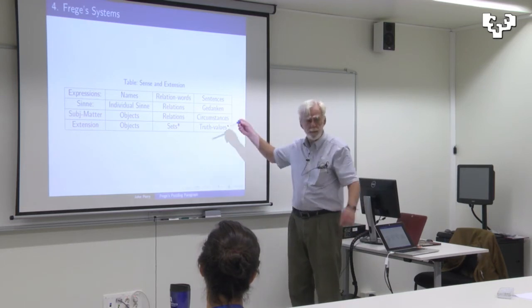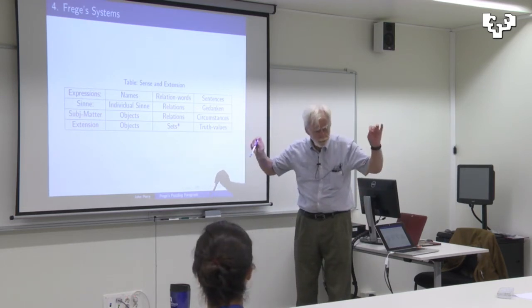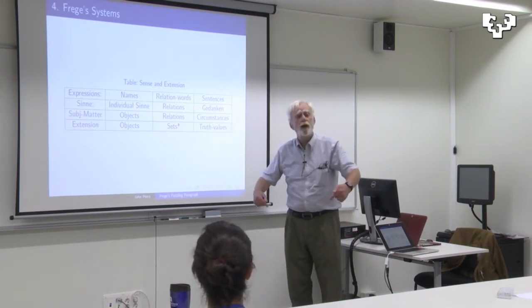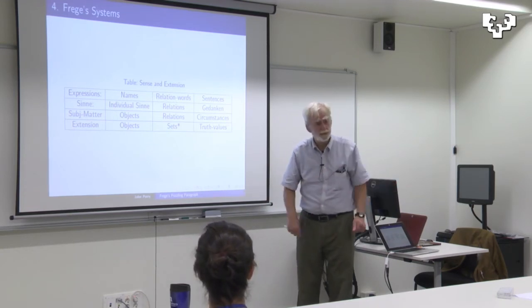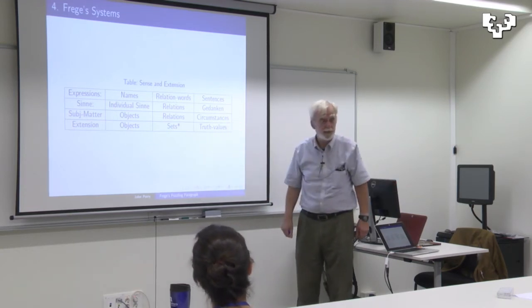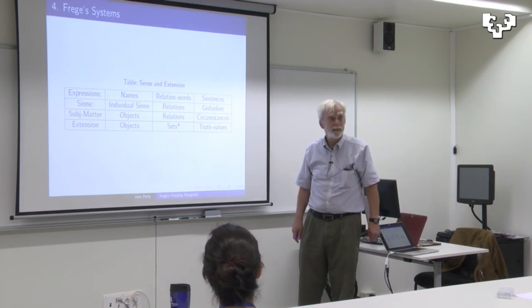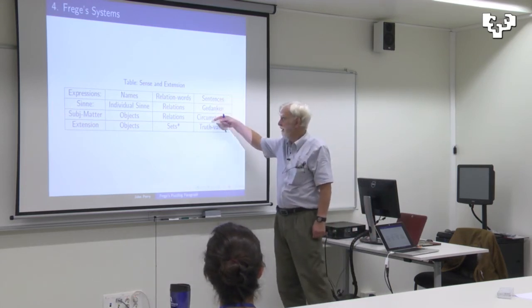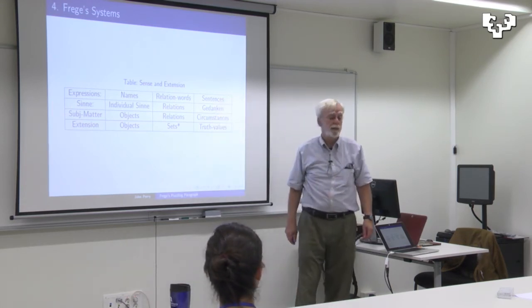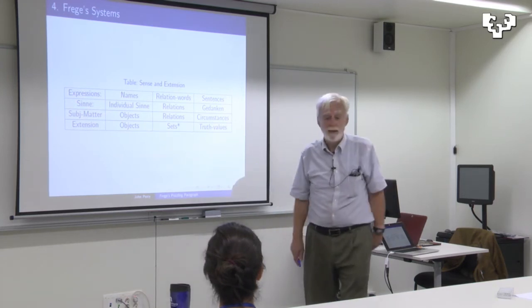So in his lambda calculus reinterpretation of what Frege meant, my criticisms aren't touched, he actually gives us circumstances. He gives us things that are the references of sentences with objects in them.